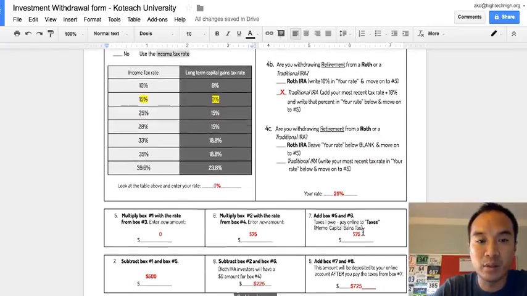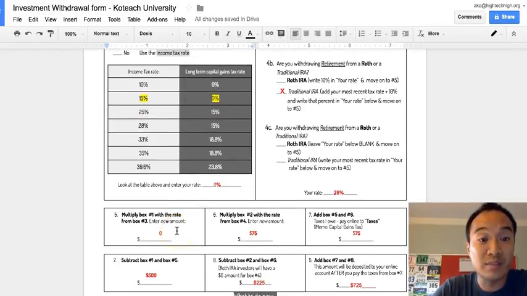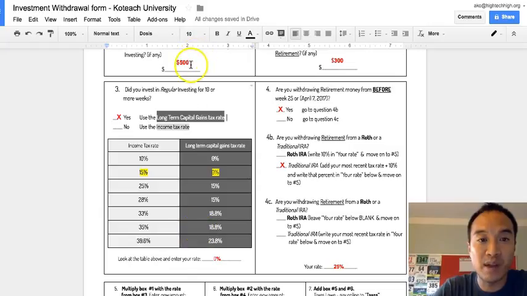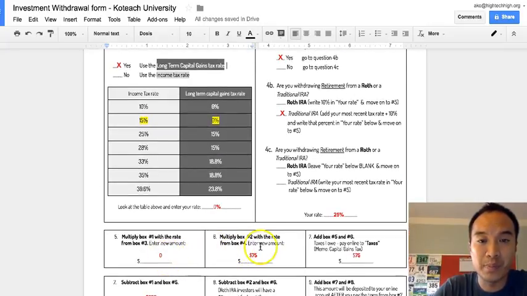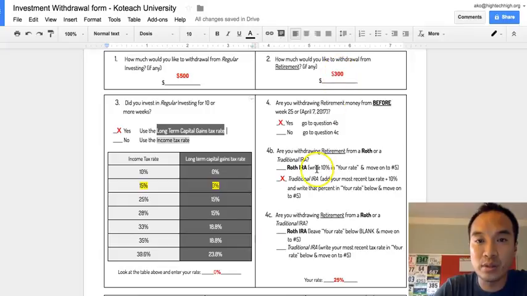All right, so moving on. Box 5 says multiply box 1 with the rate from box 3. Box 1 is up here, 500 times 0%. And we know anything times 0 is 0, so that's why that 0 is there. And here is 300. We're going to multiply by 0.25.